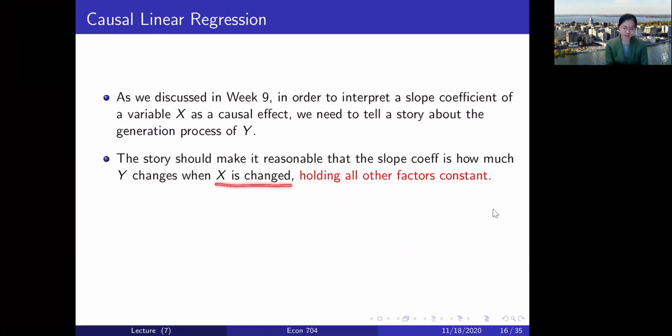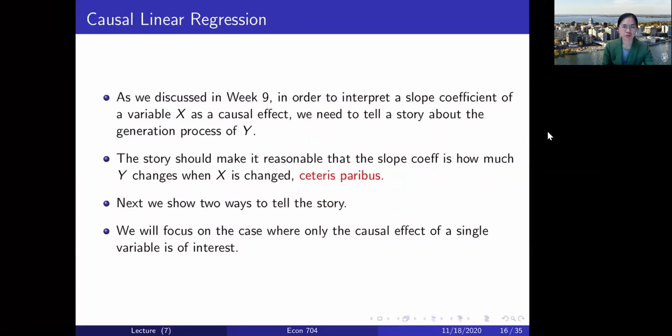Otherwise, if other things are also changing at the same time that x is changed, then the coefficient of x will not reflect how much y is changing. So the causal effect is a ceteris paribus effect, meaning the effect of changing x holding everything else constant.